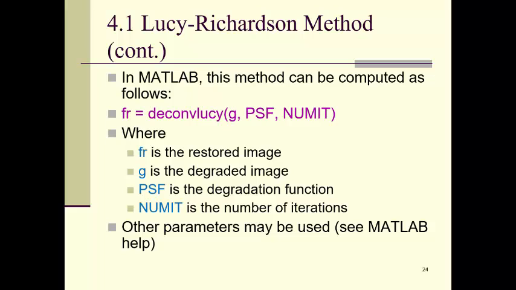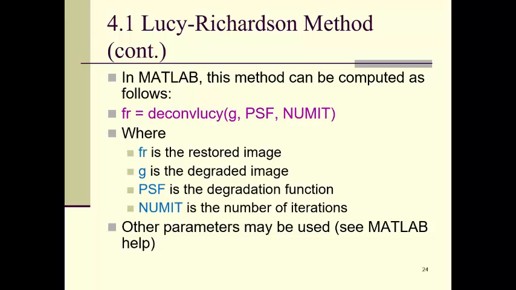So, for today, I think this is enough. What we have studied today is the following. All the time, when we are dealing with image processing, our aim is to restore the image, in the sense that I want to enhance the image, right? The enhancement of the image can be done in several ways.